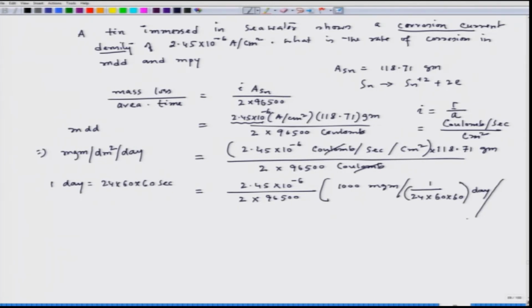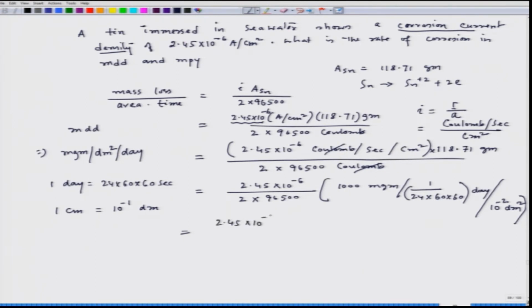Divided by centimeter, which should be in decimeter: 1 centimeter equals 10 to the power minus 1 decimeter, so it should be 10 to the power minus 2 decimeter square.